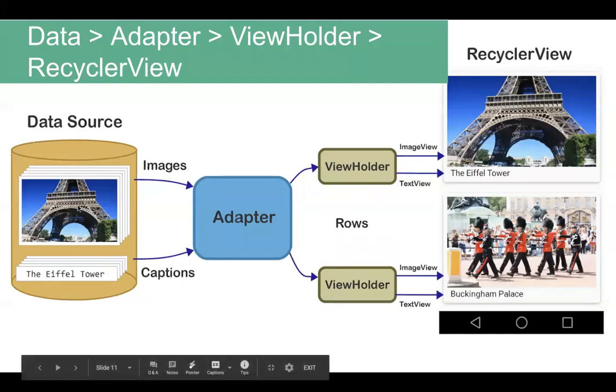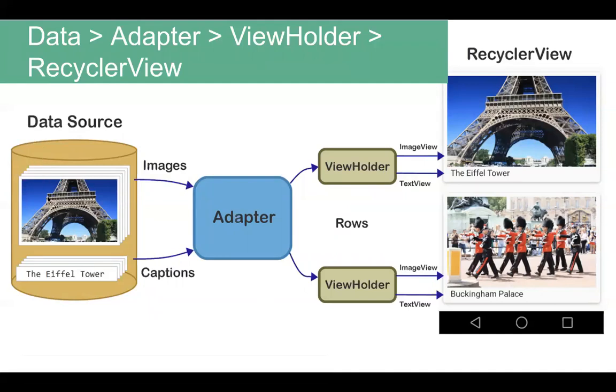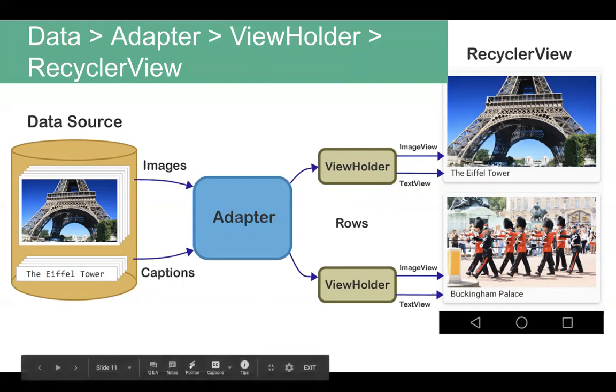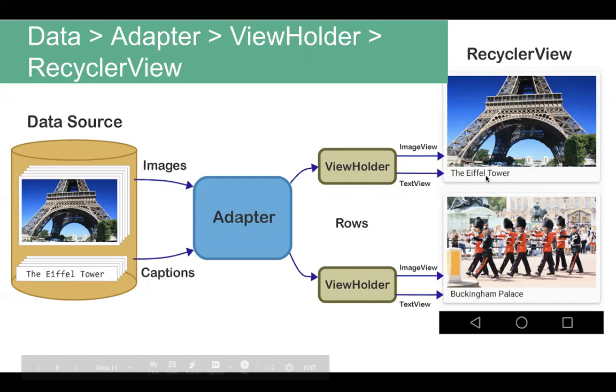So what it does is that it takes data from the data source. You put it in the adapter. The adapter then gives the data to the view holder so that it can put the respective data in the respective place. So it would put the image in the image view and the text in the text view right here. So that's the view holder's job.